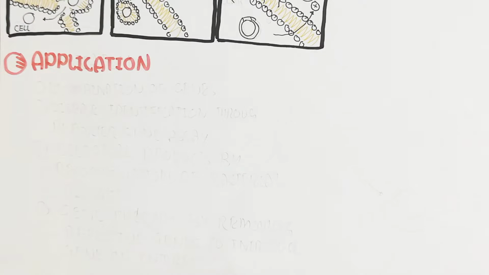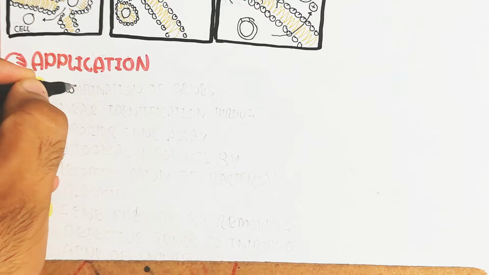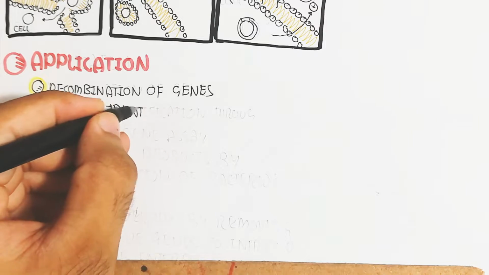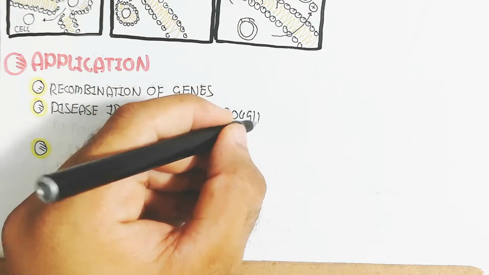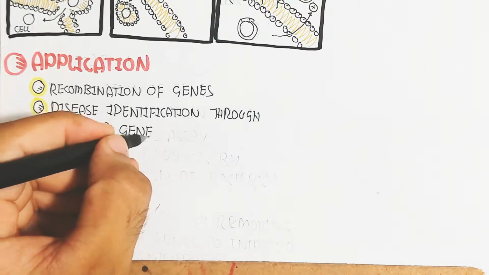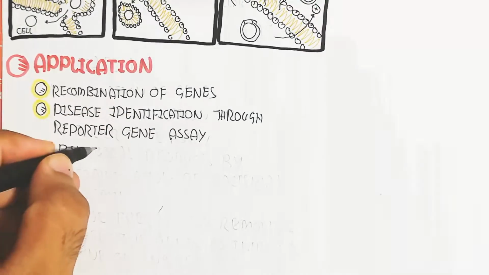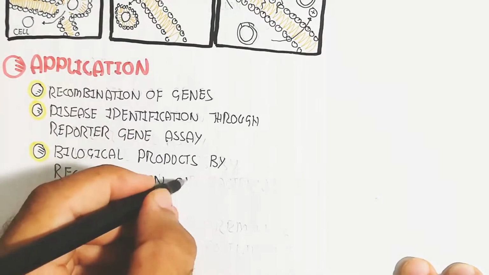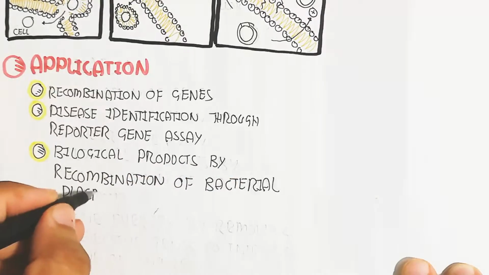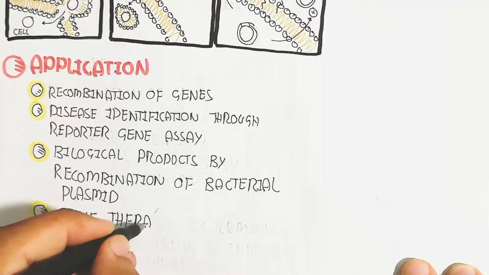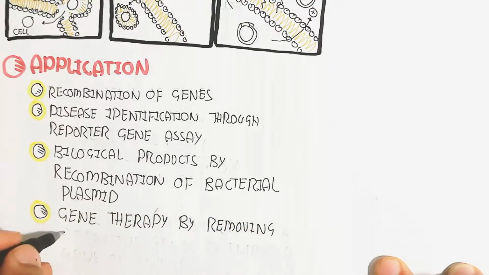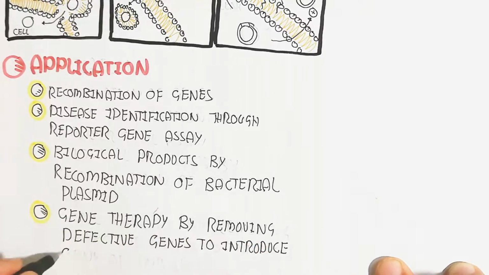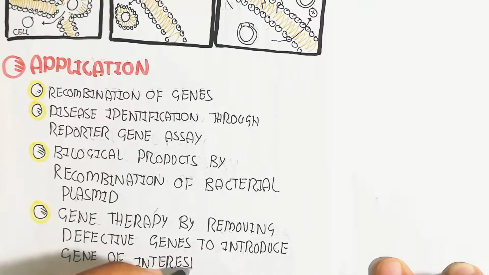So the applications of transfection: there are many applications: recombination of genes, disease identification through reporter gene assay like the luciferase reporter gene assay, biological products by recombination of bacterial plasmid and gene, and gene therapy by removing a defective gene to introduce the gene of interest into the bone marrow or other cells, the stem cell, for proliferation to produce a normal cell rather than the defective cell containing defective genes.